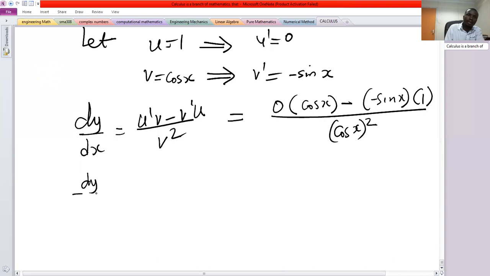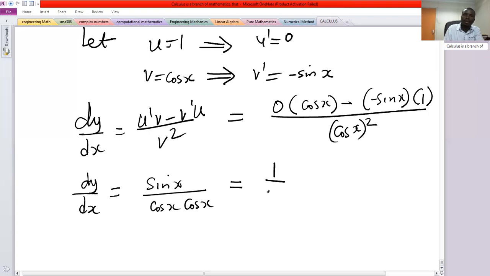So I'll have dy dx equals 0 times cos x is 0, minus minus is plus, so I'll have sin x, and then cos x squared is the same as cos x times another cos x. And you see this can be written as 1 over cos x times sine of x over cos of x. It's still the same expression.